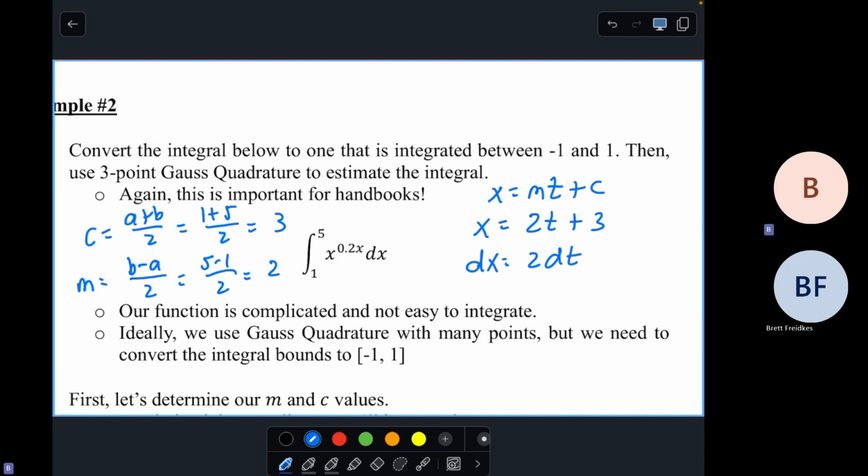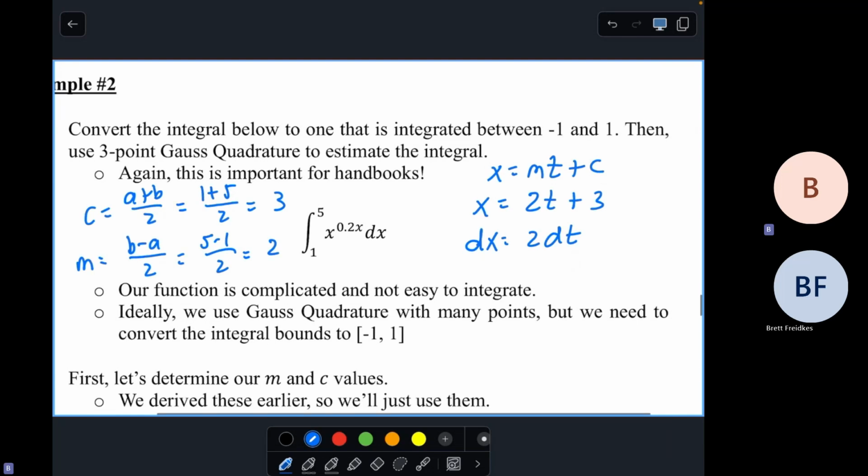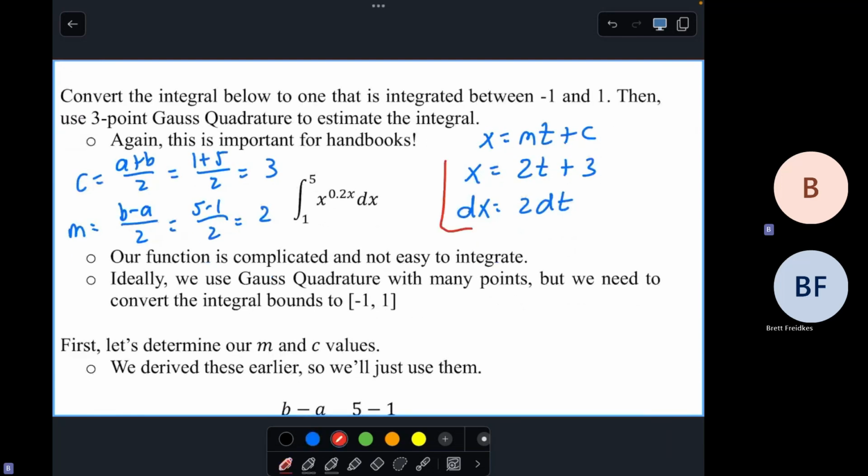You have to change the multiplication factor to change that height. That's what that extra m is doing. It's changing the height of the graph to account for the fact that you're compressing it. So now that we found x and dx, we can plug that into our function. You see that?